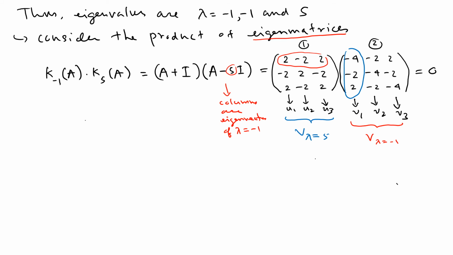On the other side, the columns are eigenvectors of lambda equal 5. So it's the opposite one. That means if you want to find the eigenvectors, simply subtract the other eigenvalue from the diagonal entries, and then any non-zero column is simply an eigenvector. That's a very simple idea.